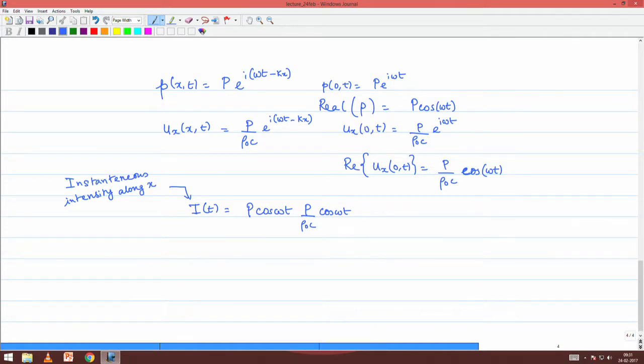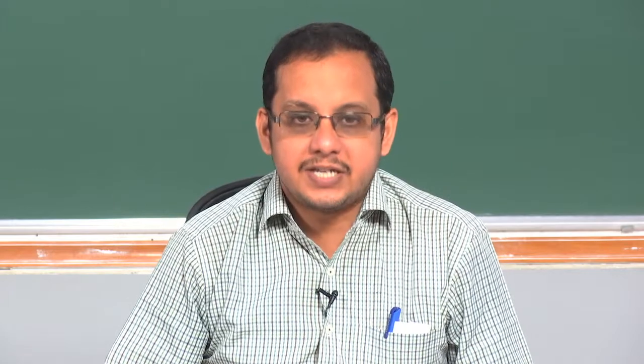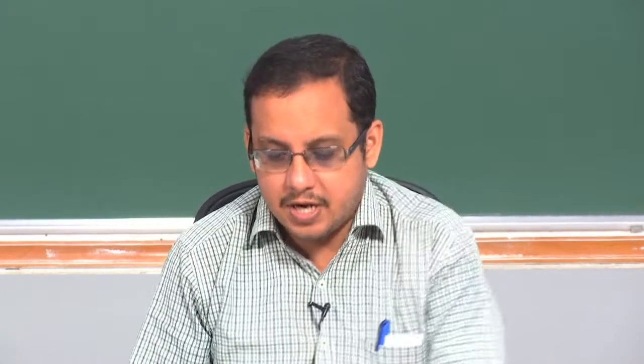Please remember, intensity is a vector quantity, because intensity is pressure times velocity. Depending upon the direction of velocity, the interpretation of intensity becomes vectorial. Pressure is scalar, velocity is vector. So, depending upon the choice of your direction of velocity, there is a direction attributed to the instantaneous intensity and also its time averaged counterpart.